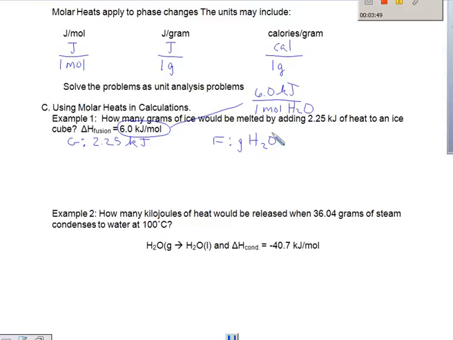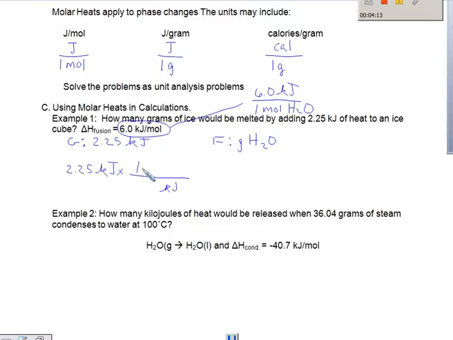So we're going to start this off as a unit analysis problem. We have 2.25 kilojoules, and as with any unit analysis problem, we're going to bring the units down. So we'll bring kilojoules down. We need to get to grams. However, we're going to have to go through moles to do it.